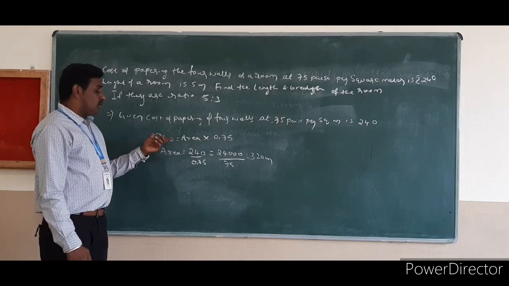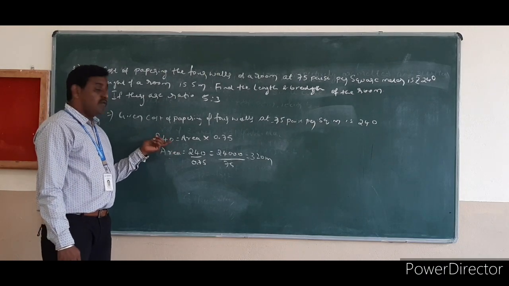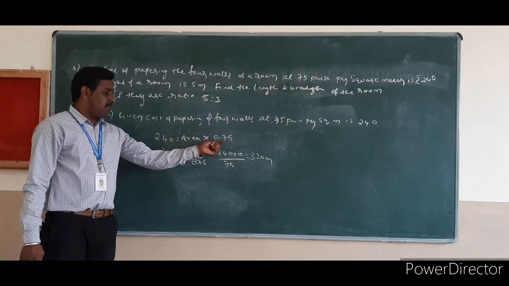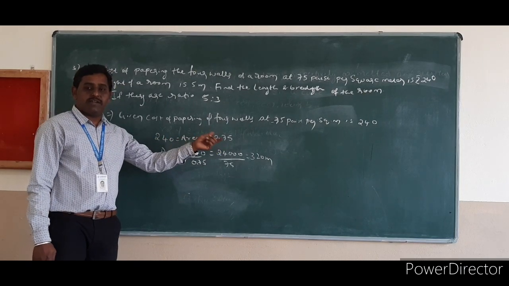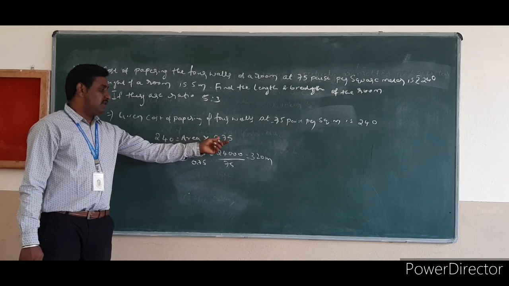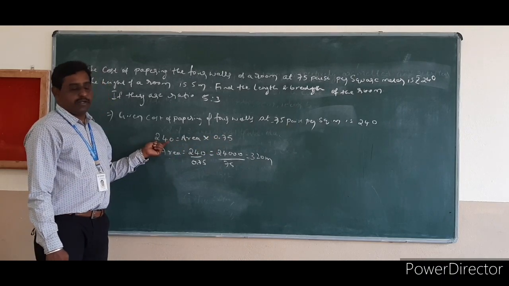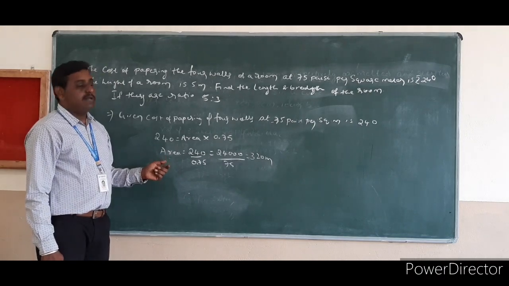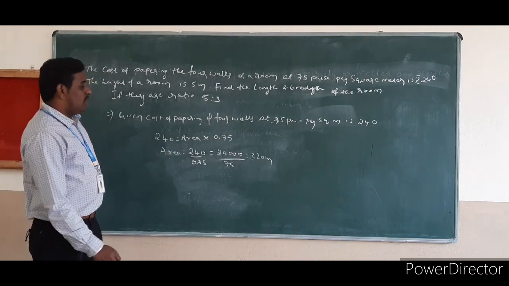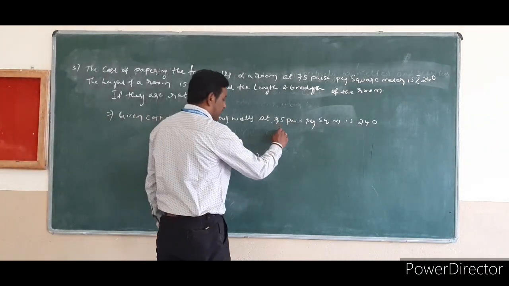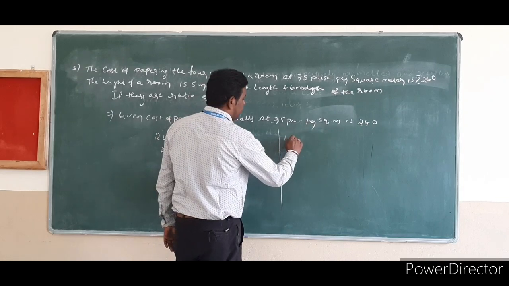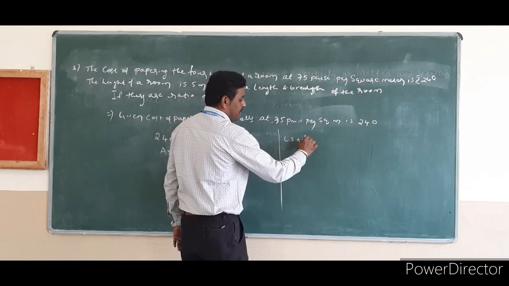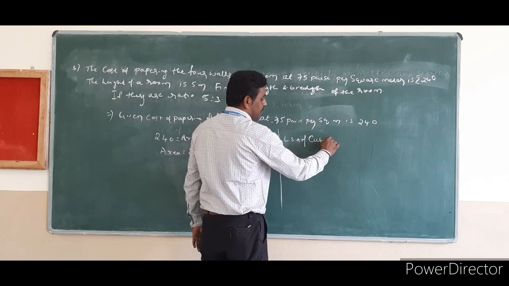This means the total cost of the area is 240 rupees. Per square meter the cost is 75 paise. Area into 75 paise, the total cost is 240 rupees. For this, I am finding the area. So now you can use the lateral surface area of a cuboid.